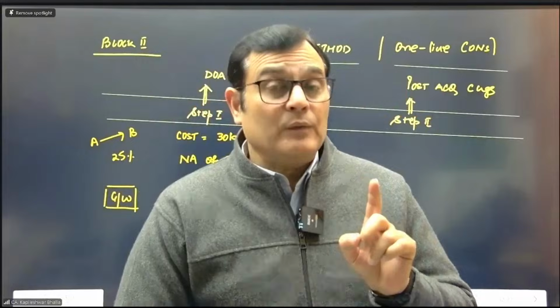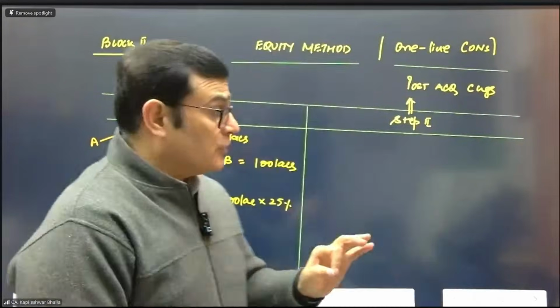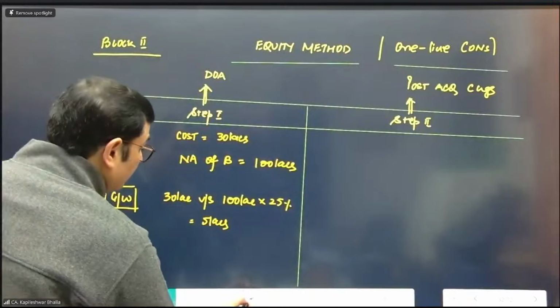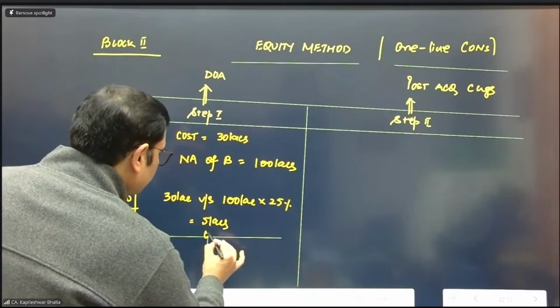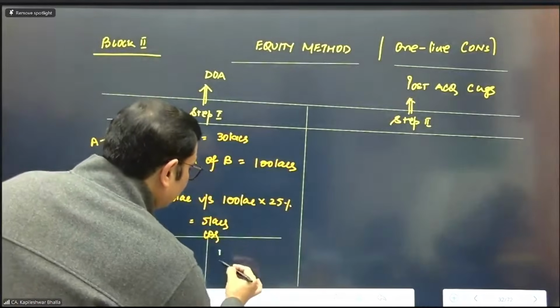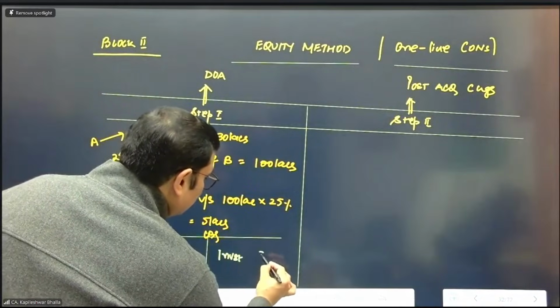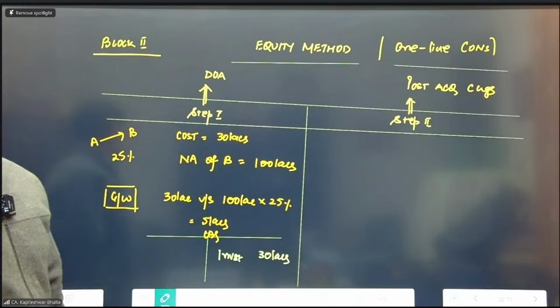That's it. Now, let's assume I were to make a consolidated balance sheet on the date of acquisition itself. This investment will appear in the consolidated balance sheet at 30 lakhs itself.